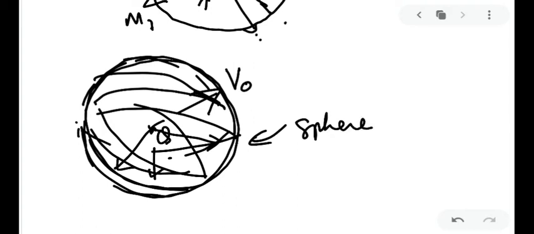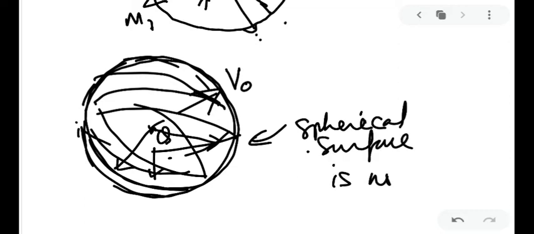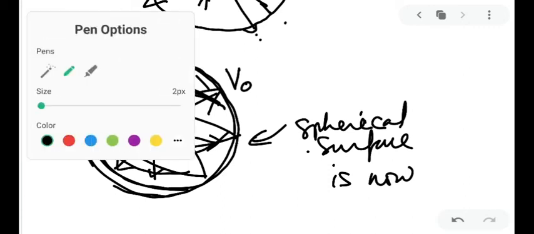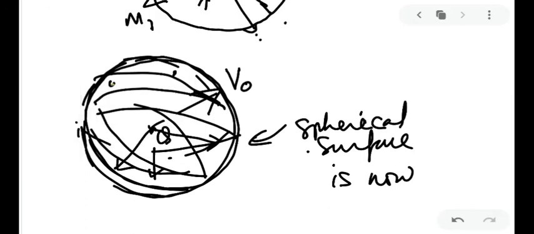So this spherical surface is now an equipotential surface, because at every point on this surface, let me use green so you can see clearly, the value of potential V is V0. So that is just one equipotential surface.